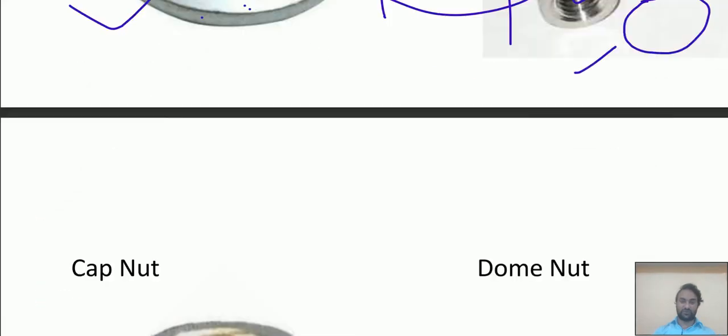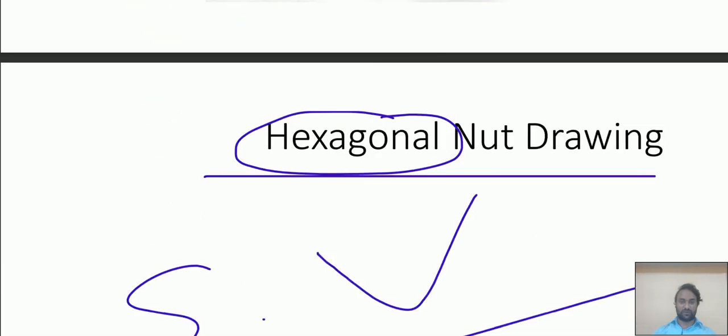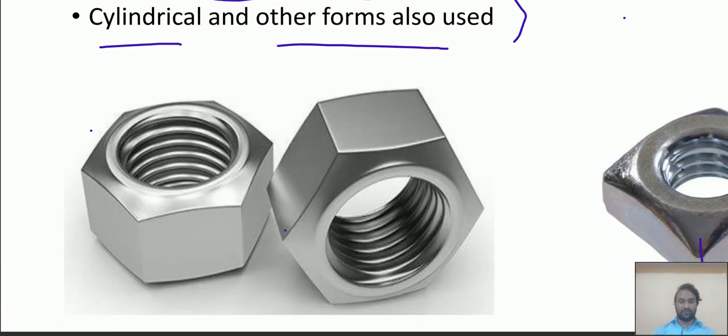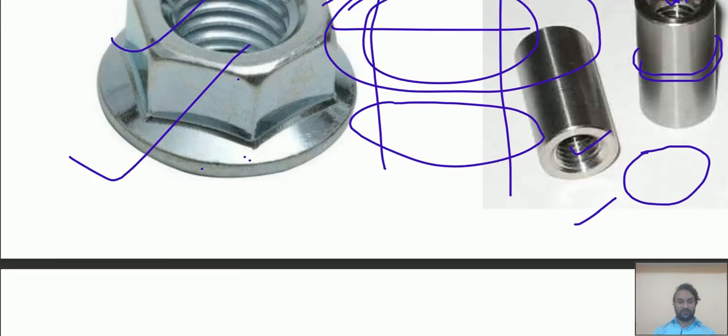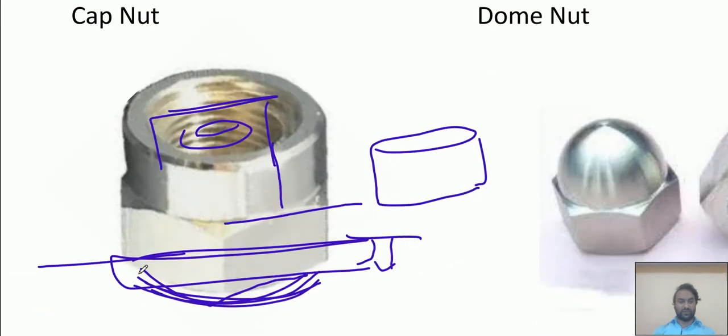Let me show you here. This one is hollow throughout, and this one is also hollow throughout, but the cap nut is not hollow. Here it is closed. There is a metal surface. So the nut can only go this way, and there are some applications like steam and oils where there is seepage or leakage through the threads.